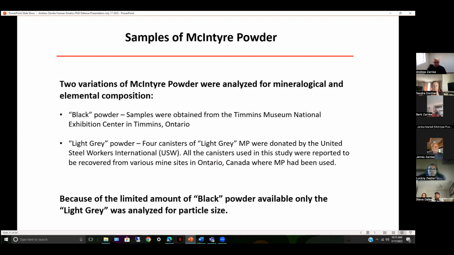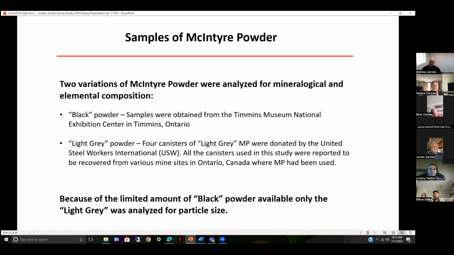First of all, we had two variations of McIntyre powder that we analyzed for mineralogical analysis and elemental composition. We had a black variant of the powder. All the miners described it as being very black, but when we opened canisters of it, we realized that there was a light gray version of the powder.